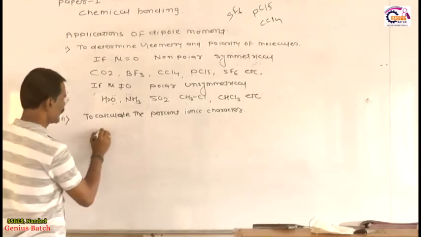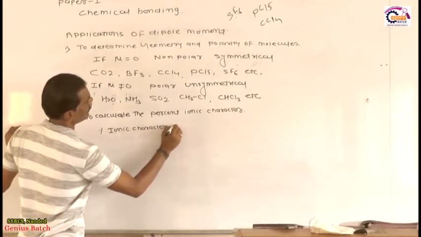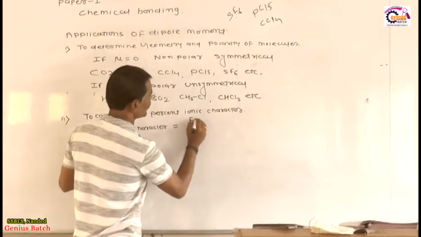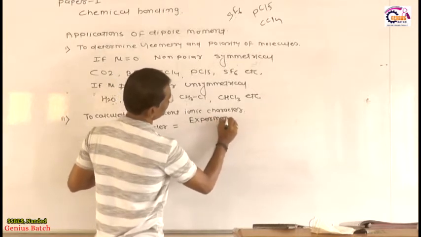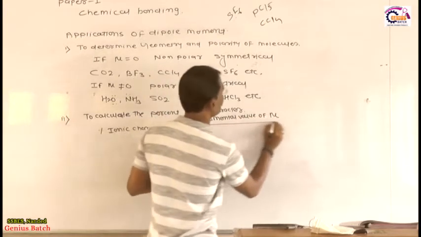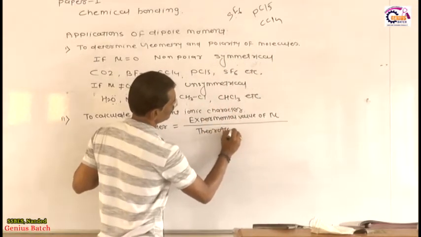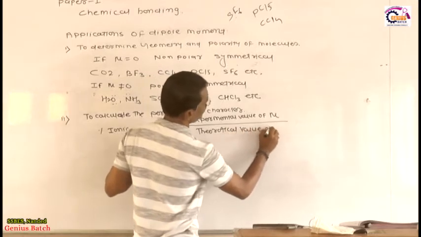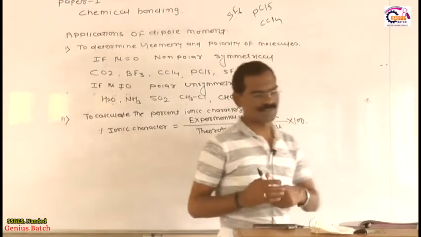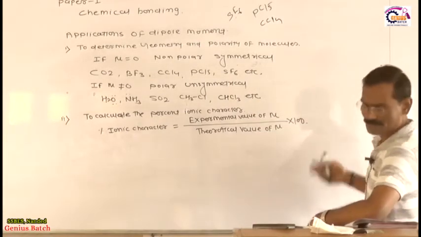Listen, this is a formula: percent ionic character is equal to the experimental value of mu divided by the theoretical value of mu, into 100.